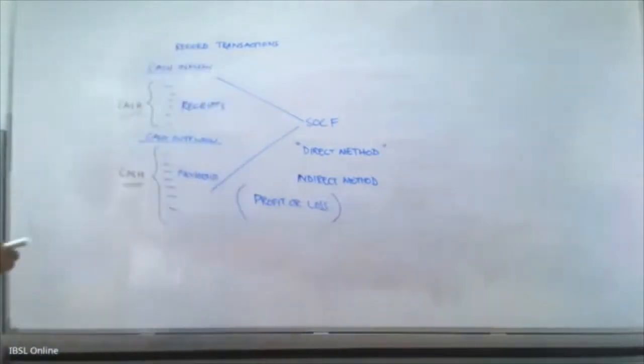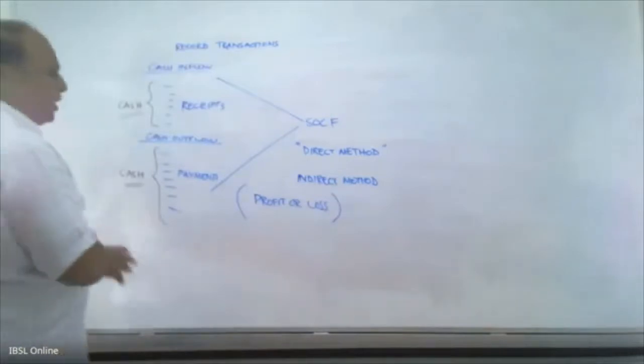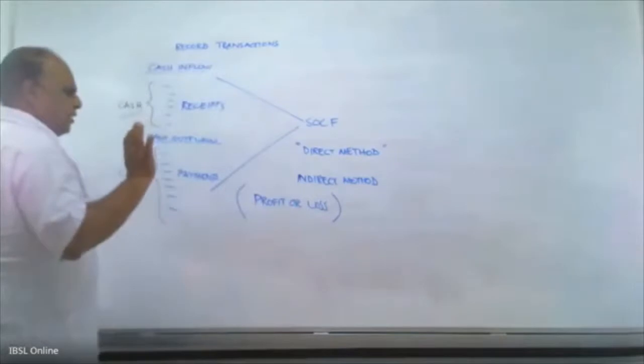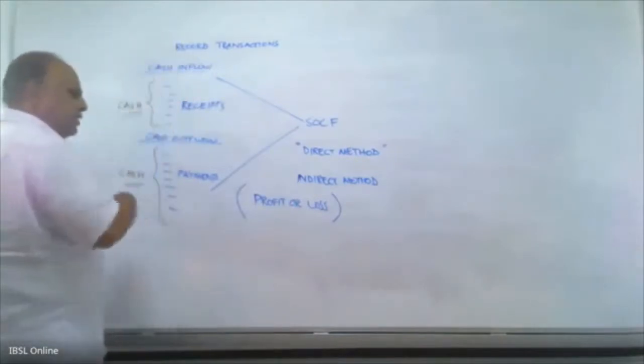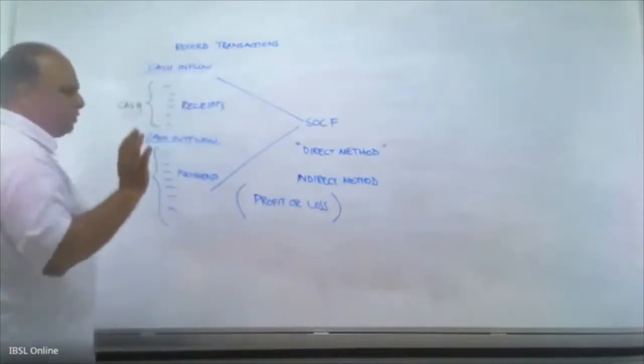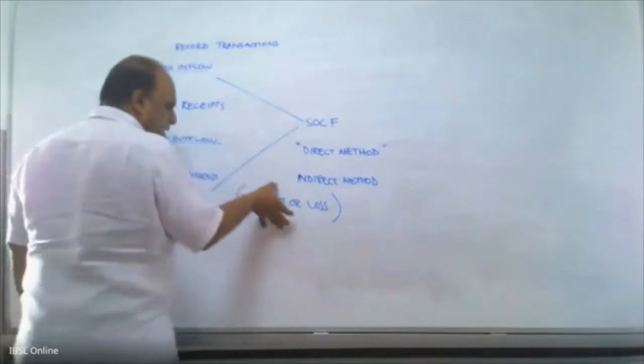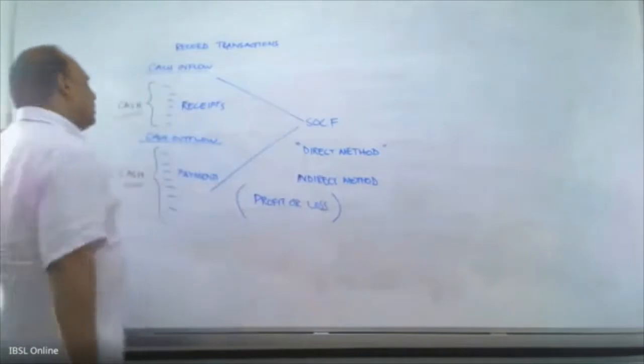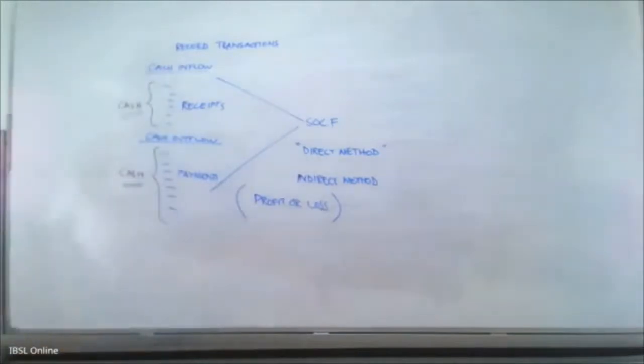We start the cash flow using the profit or loss because there could be many cash receipts and many cash payments, everything is given there. I will straight away take the profit or loss and start doing the cash flow under the indirect method. So the difference between the direct method and indirect method you need to understand.